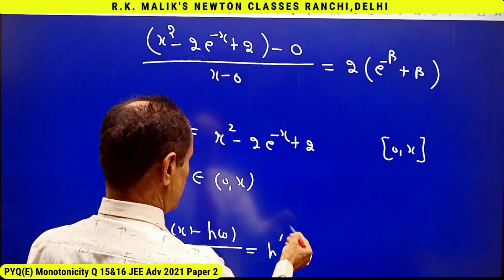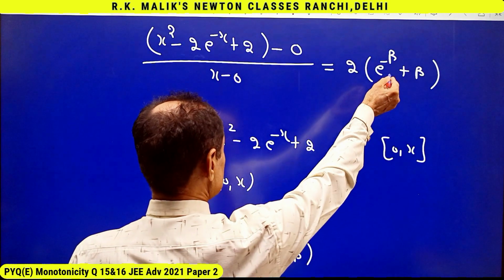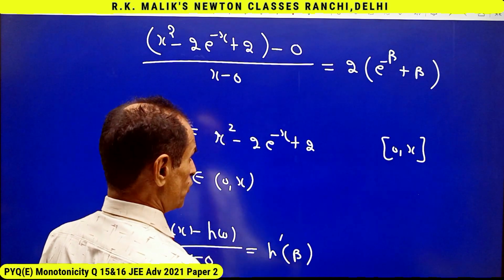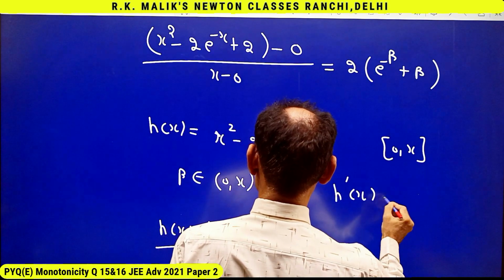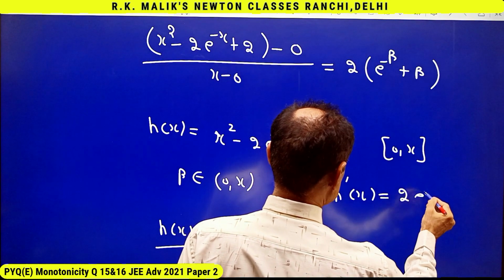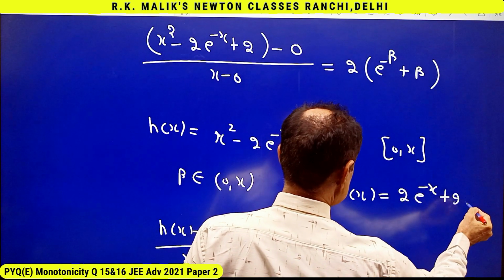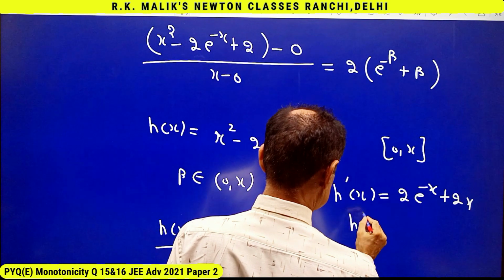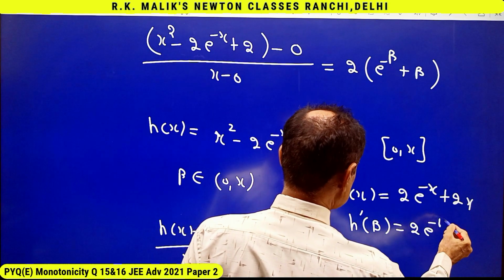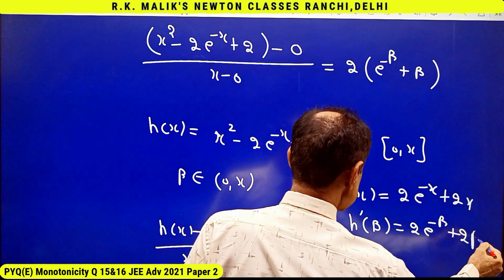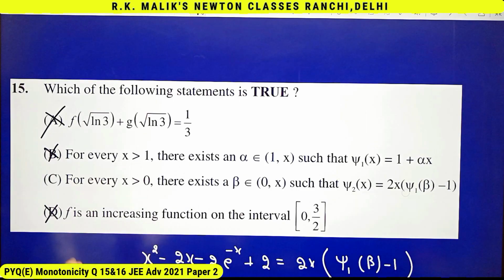And you can see very easily h dash beta is equal to this because h dash x is 2 e to power minus x plus 2x, hence h dash beta will be 2 e to power minus beta plus 2 beta. Hence I can say C is the correct choice.